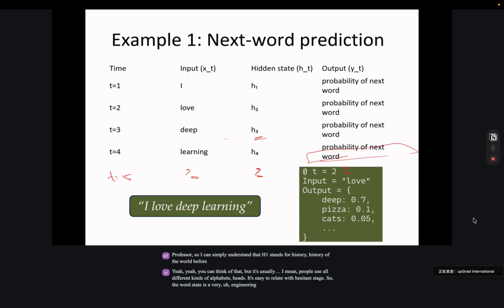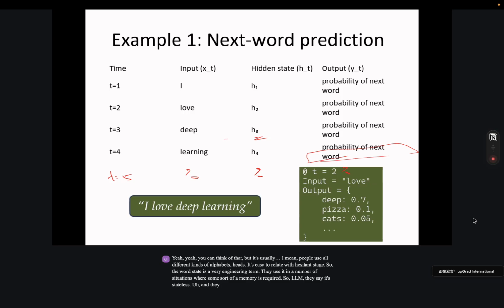They use it in a number of situations where some sort of memory is required. So LLM, they say it's stateless. RAG, they say it's stateless. When you cache, you add a state memory. So state is a very favorite term for this place. Since we don't really know what is happening in it, instead of calling it a hidden layer, we're calling it a hidden state.